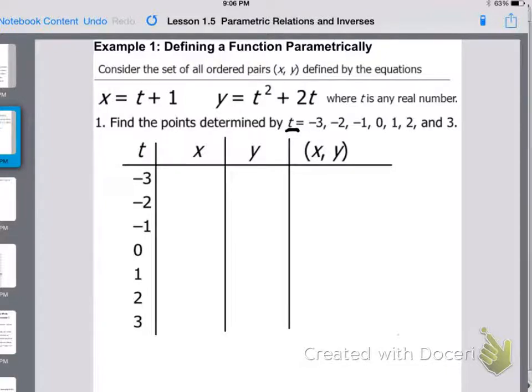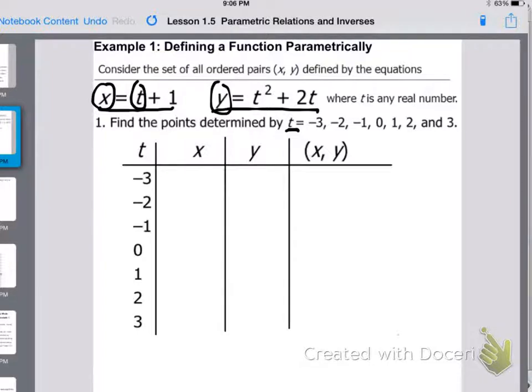Hopefully by looking at this, we have a better understanding of what it is. A parametric relation is two equations using three variables to describe something that we would write with two variables in one equation. So that's what a parametric relation essentially is.